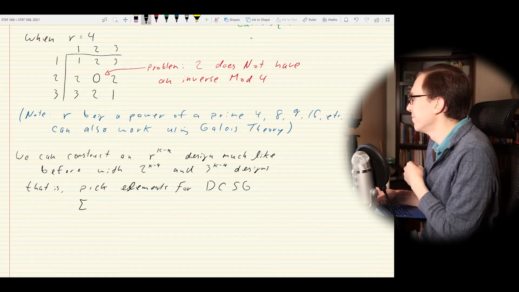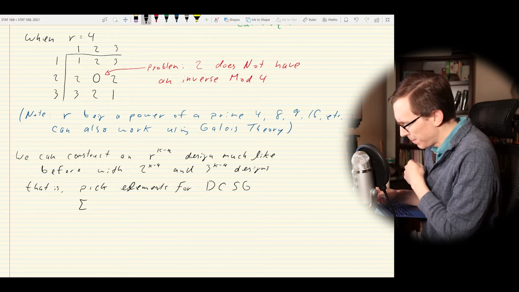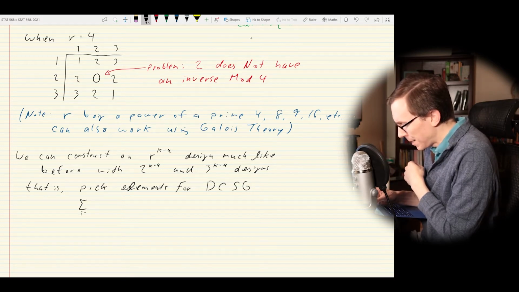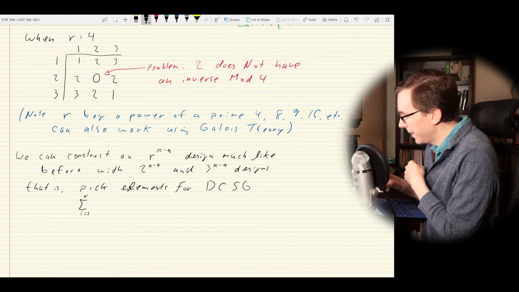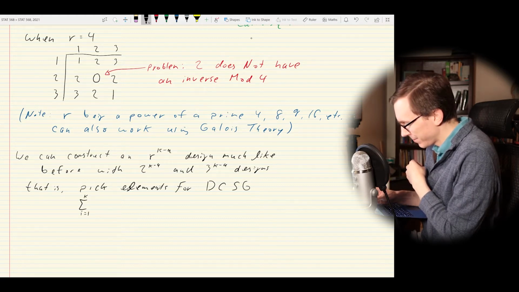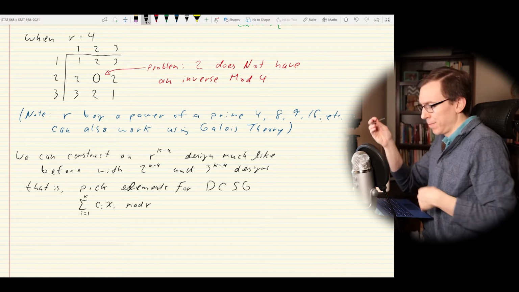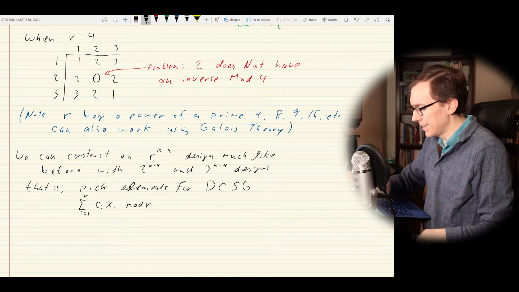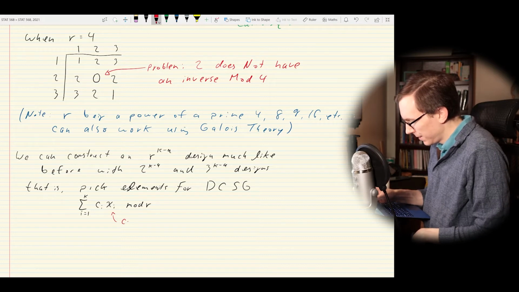Okay, no, I don't want to sum that way. Sorry. This would be like summing i from 1 to k of c_i x_i mod r, where x_i is a column in our design matrix, one of our factors, and c_i is a coefficient.